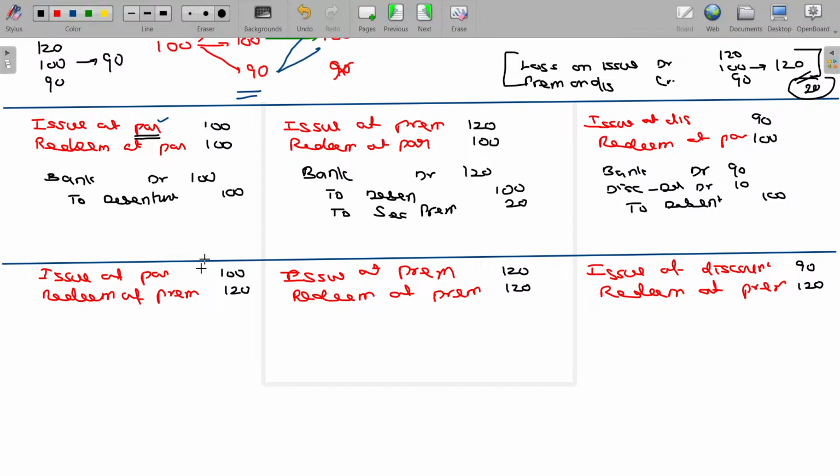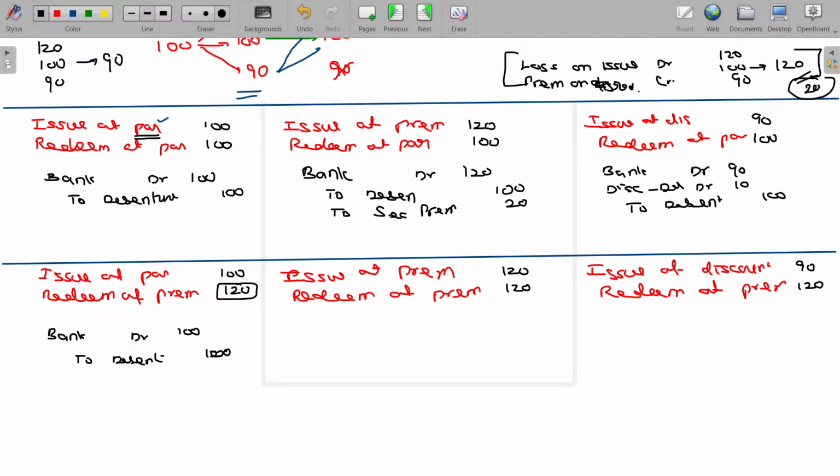What is the journal entry for the issue first of all? Bank account debit to debentures account, the value being 100. But redeemable at premium means you have to pay another 20 rupees additionally on redemption, an excess payment. It's a loss. Now, what is the journal entry for that? Loss on issue of debenture debit to premium on redemption.